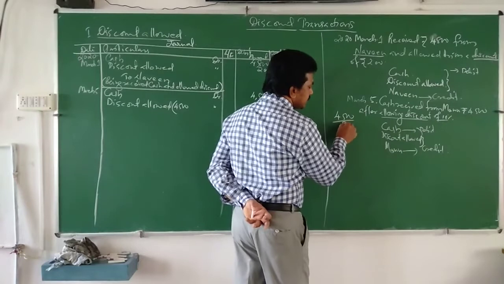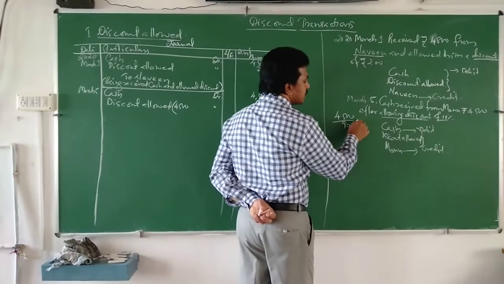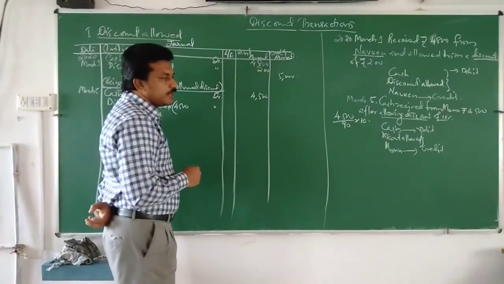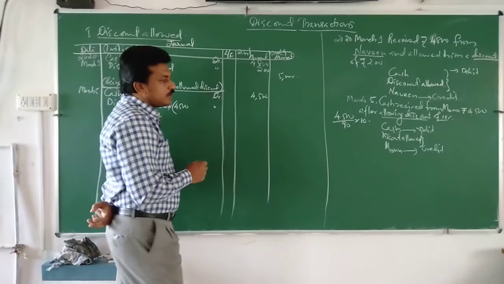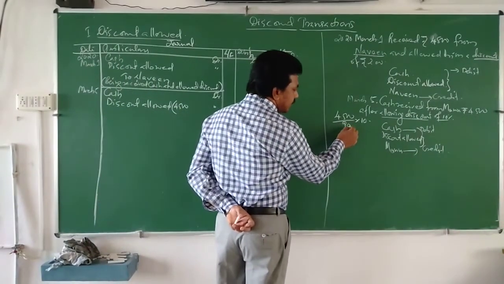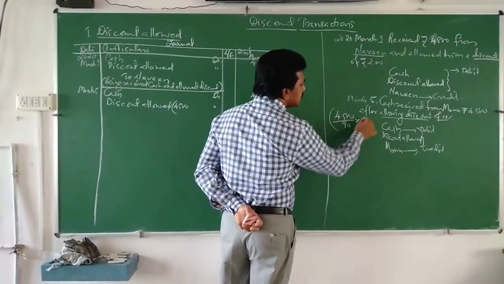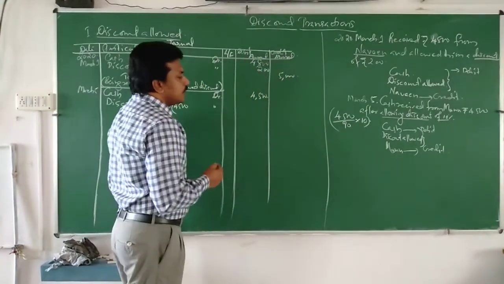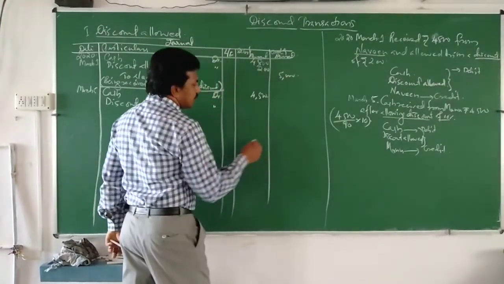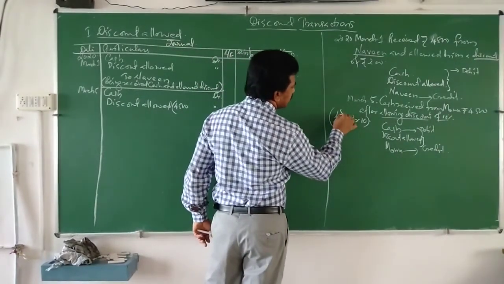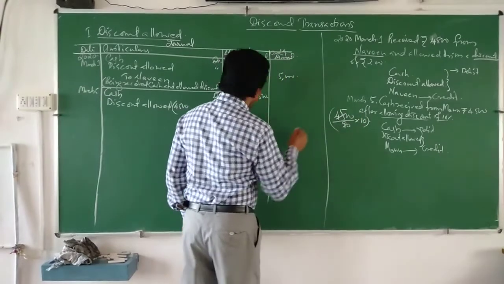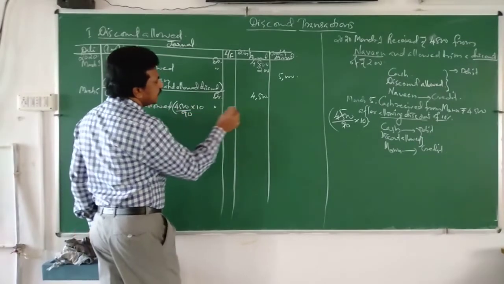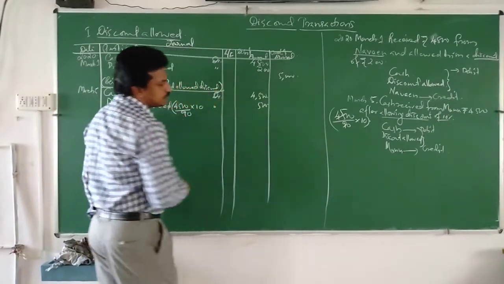That means this is 90 after allowing discount. Then what is discount? 10%. So this discount is 4,500 by 90 into 10, that is 500.